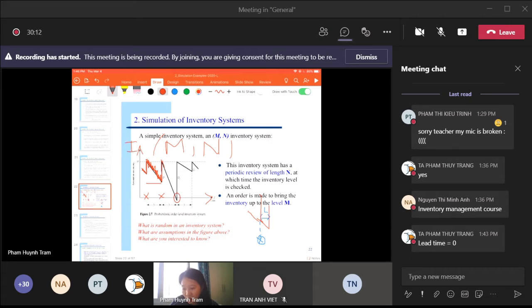You see the slope of this one is steeper than the others, right? In the next period, the customer demand is lower. But in the second period here, we have very high customer demand, so the inventory level drops very fast.